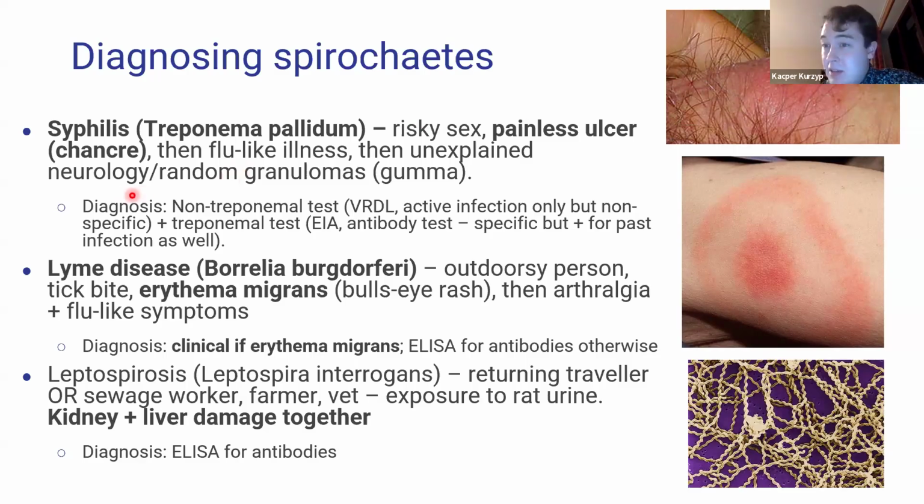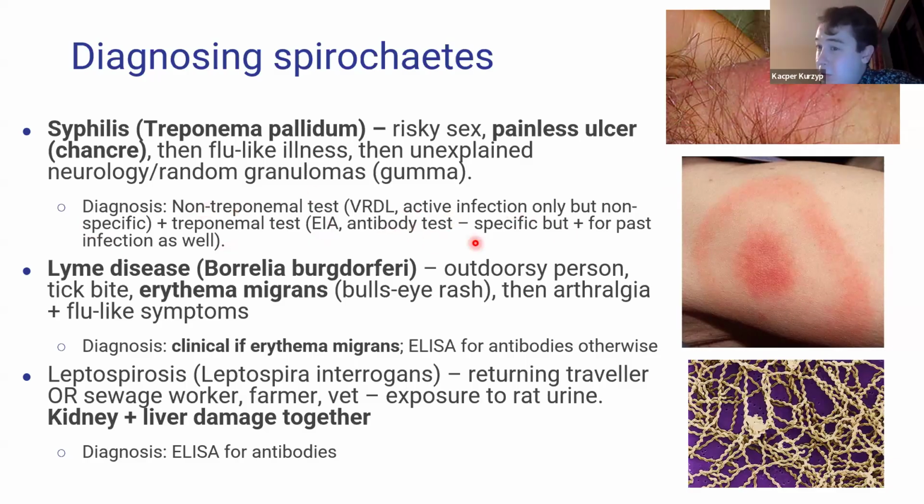The diagnosis is a bit complicated, and I apologize for that. You have your non-treponemal test, which essentially tries to test are there live bacteria inside of the body that are syphilis. It will be positive only in active infection, but it is non-specific. For example, if you have SLE, it will also come up positive. And then you have the treponemal test, which is an antibody test.